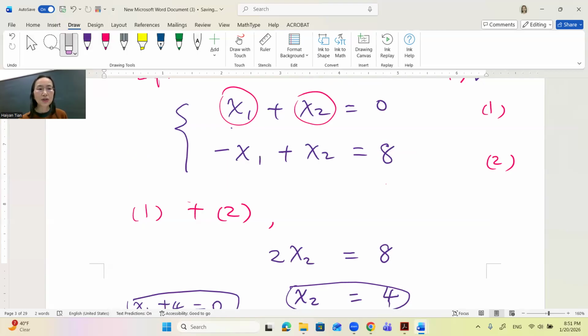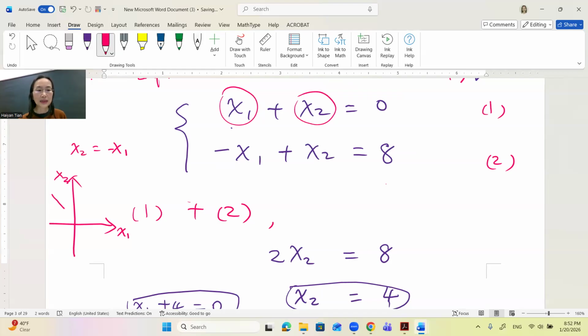But try to get used to the new notation. If I call them x1, x2, then x2 is negative x1. That is just the same. The first equation represents a line. So if this is my x1, x2, it is the line with slope -1.